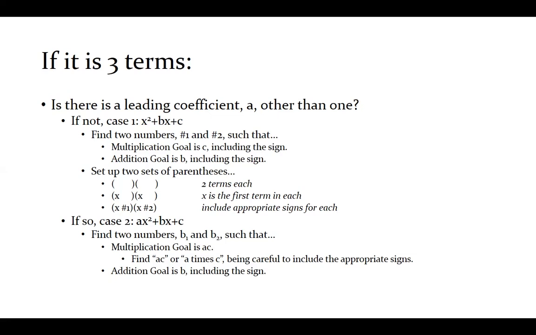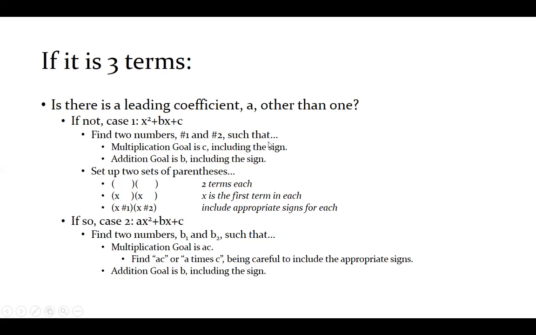We find two numbers, number 1 and number 2, such that the multiplication goal is c, including the sign, and the addition goal is b, including the sign. And we set up two sets of parentheses, sized for 2 terms each. X is going to be the first term in each of the parentheses because x times x gives us x squared.